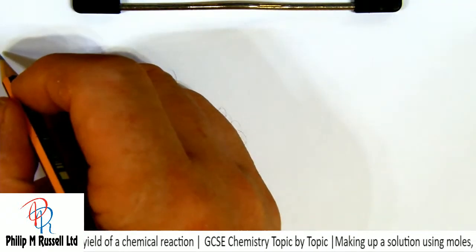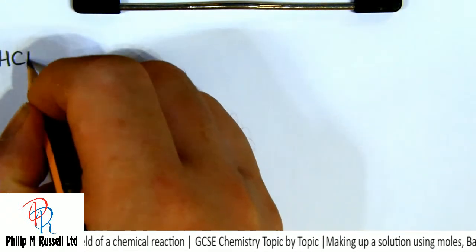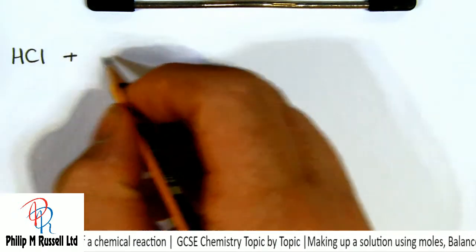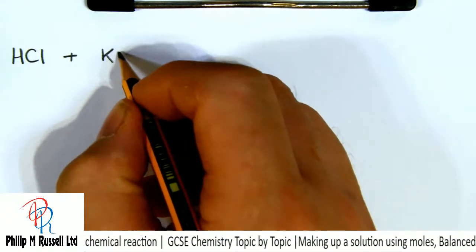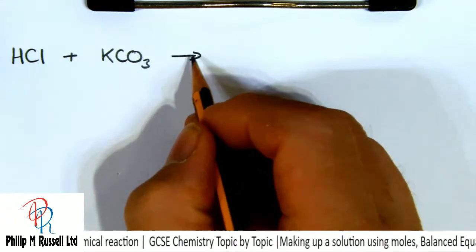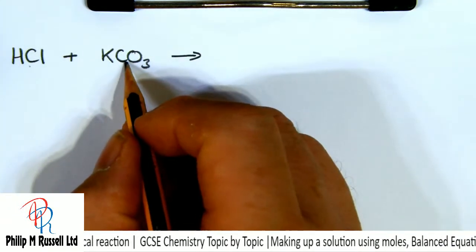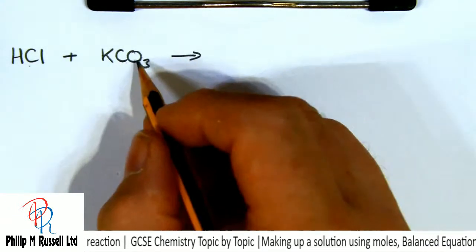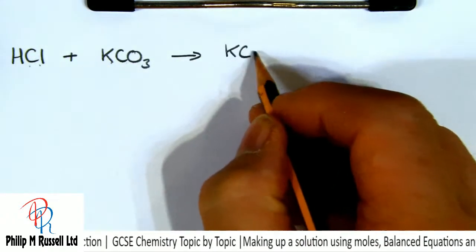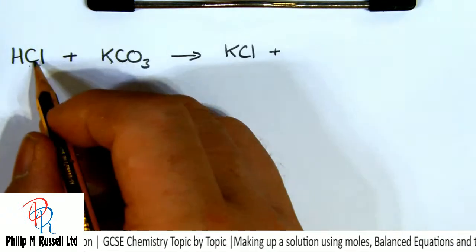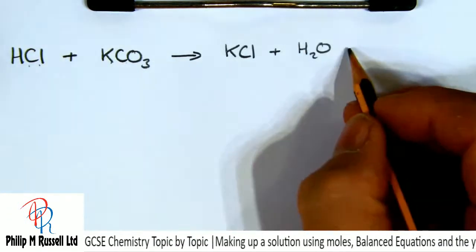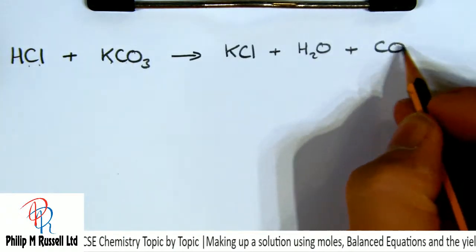So here we go, an acid, let's choose hydrochloric acid here, plus a carbonate, let's go for potassium carbonate, and that will give me acid plus carbonate gives me a salt, potassium chloride, plus water, plus carbon dioxide.